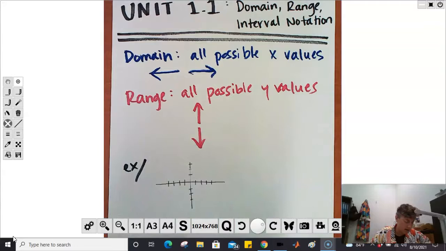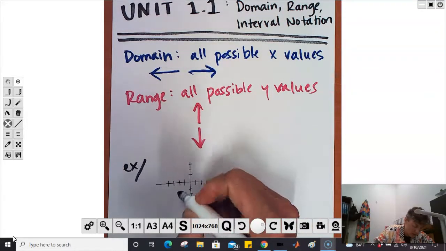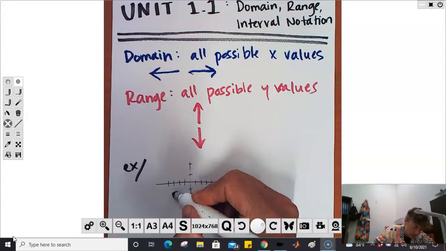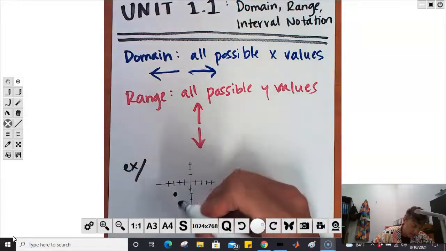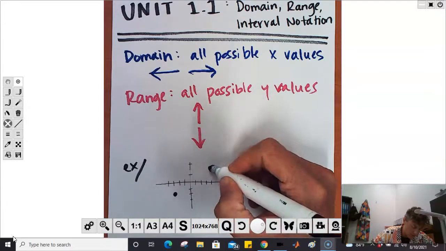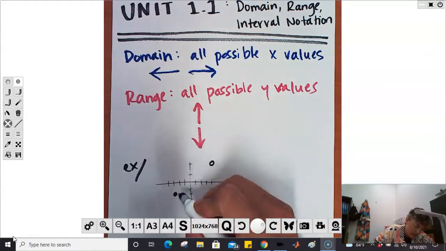Okay, great. Let's put a closed circle. So you're going to fill it in right here at -3, -2. And let's put an open circle over here at 4, +3.